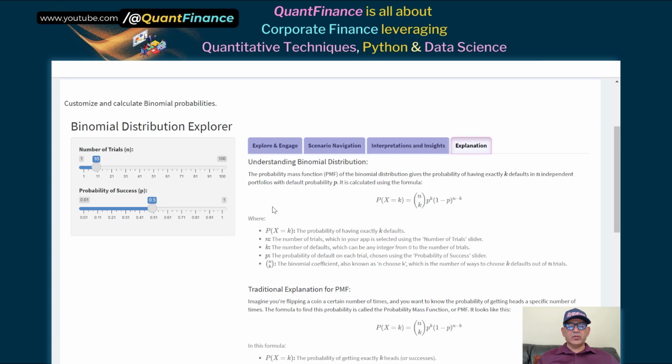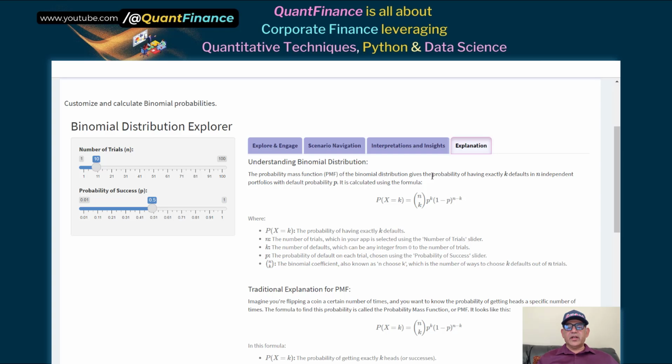So we know that. But today we are getting into a very interesting dimension, and that is how to use the binomial distribution and compute the PMF, probability mass function, in a corporate finance situation. Here we have taken the example of credit defaults, right?